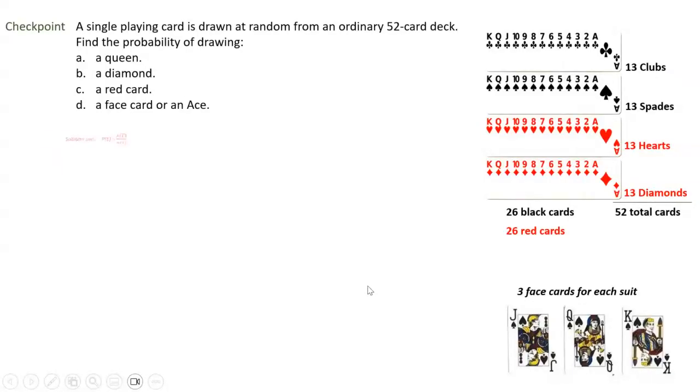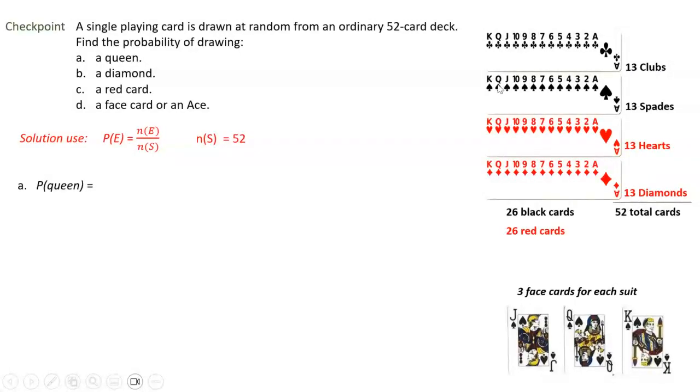Okay, now let's answer these questions here. It says find the probability that the card that you choose is a queen. So my sample space is 52, right? For it to be a queen, how many queens are there? There are 4 queens because there's 1 queen for each suit.